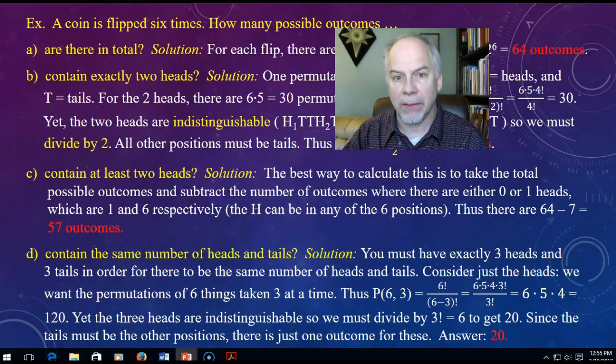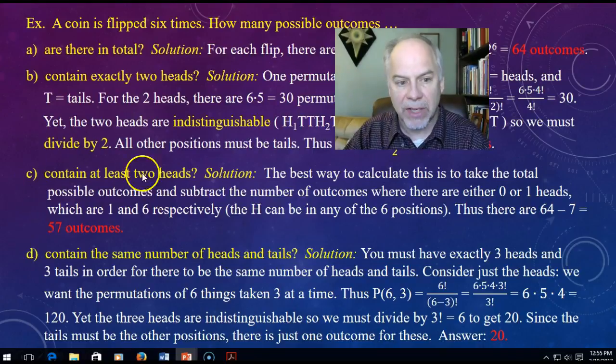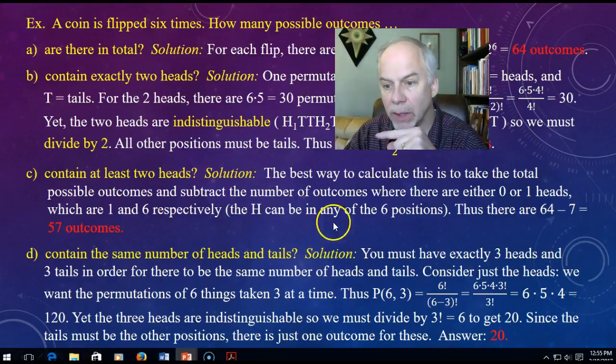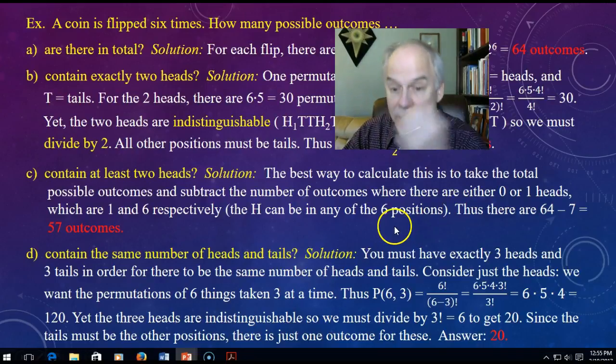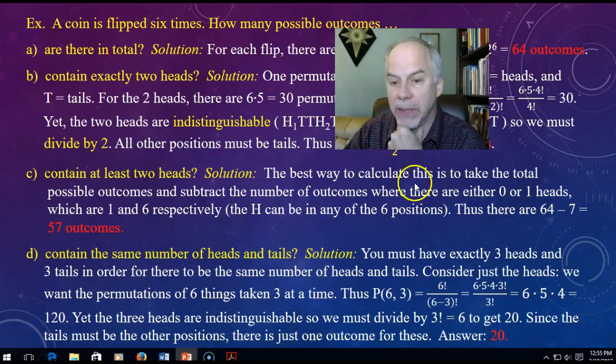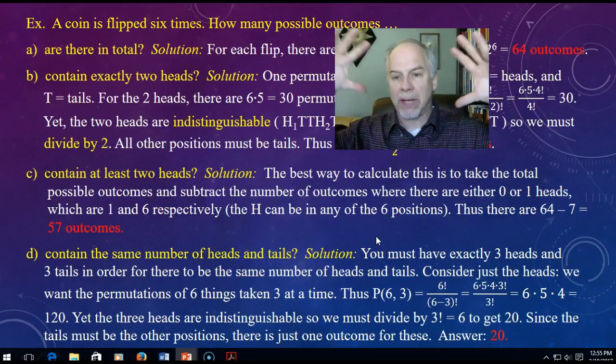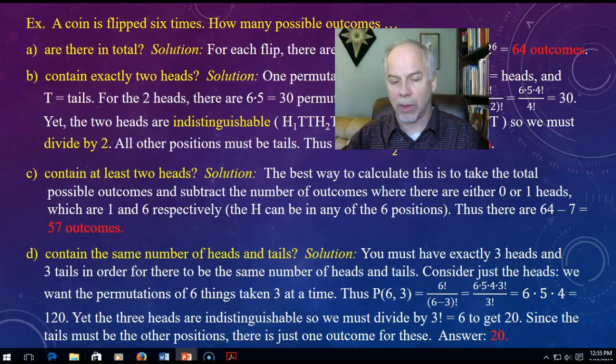Now, the question, how many possible outcomes contain at least 2 heads? Well, the best way to do this is to take the total possible outcomes, which is 64, and subtract how many outcomes have either 0 or 1.